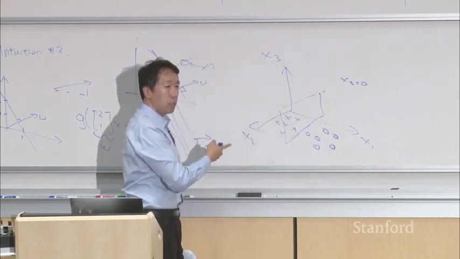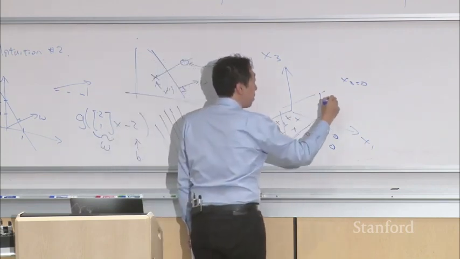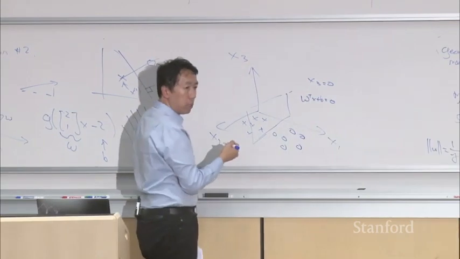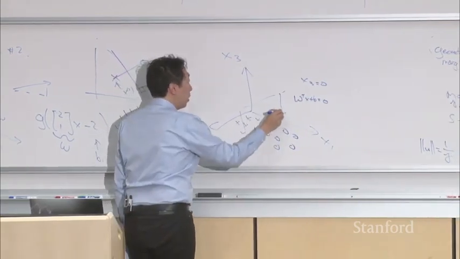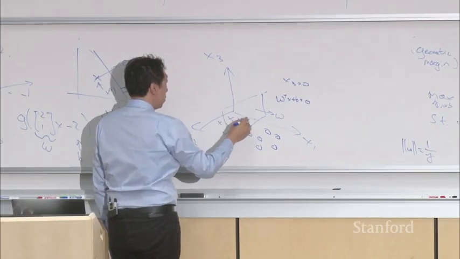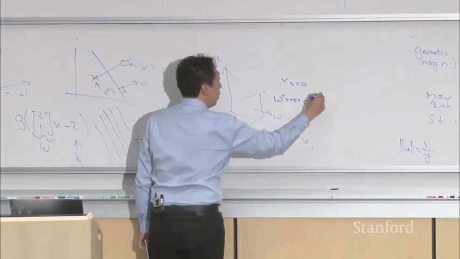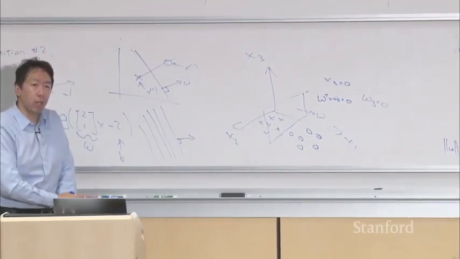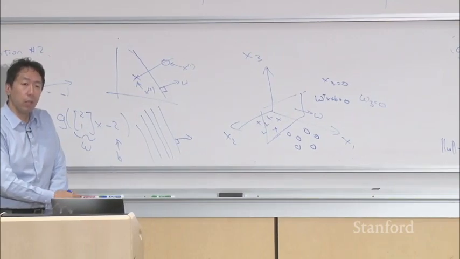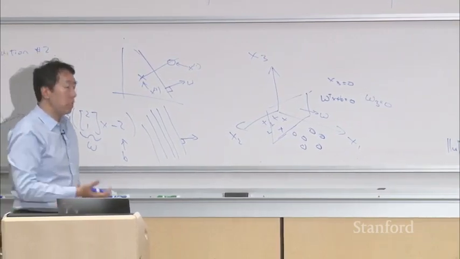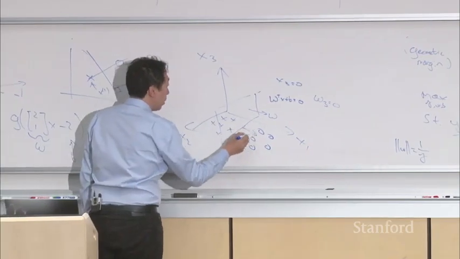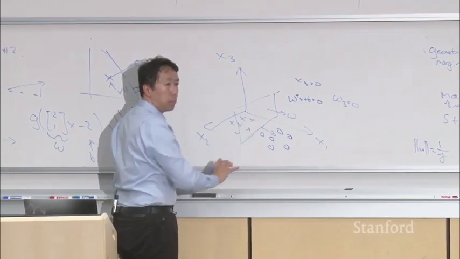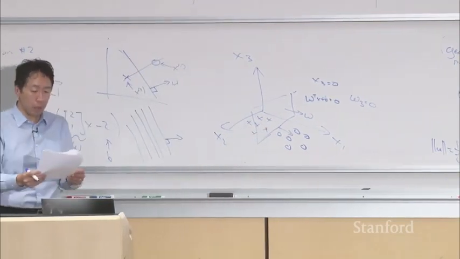This is the plane specifying W transpose x plus B equals 0, where now W and x are 3-dimensional. And so the vector W should have W3 equals 0. If one of the features is always fixed at 0, then W3 should be equal to 0. That's another way of saying that the vector W should be represented as in the span of just the features x1 and x2, as a span of the training examples.